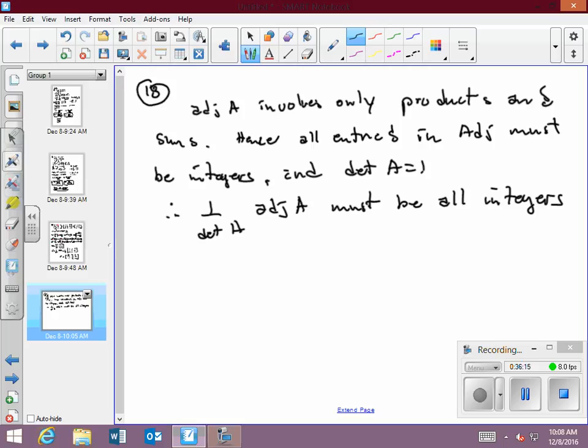And theorem 9 says, if you have a 2 by 2 matrix, the area of the parallelogram is the determinant of A, the determinant of the columns of A. So you can take any two columns, as long as one of the vectors is the 0, 0 vector.